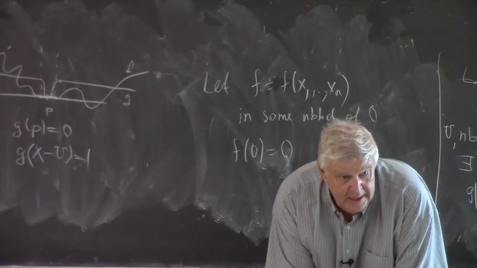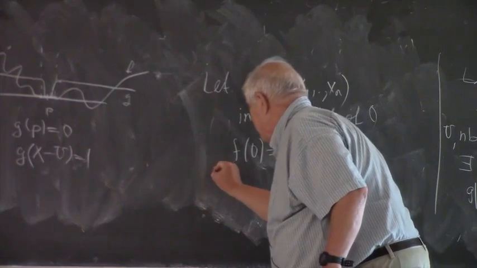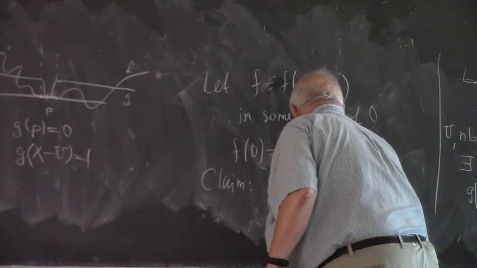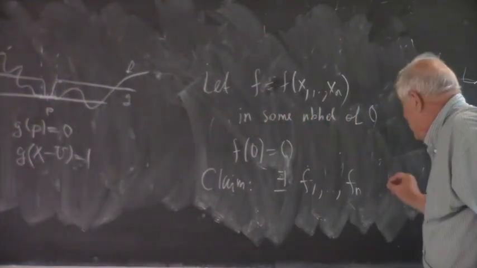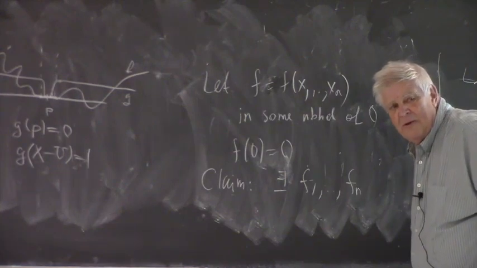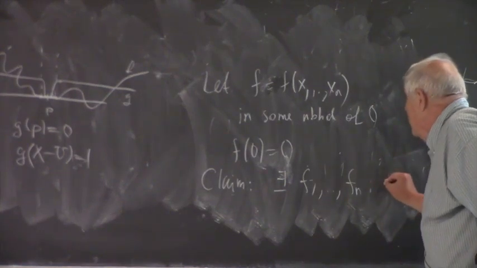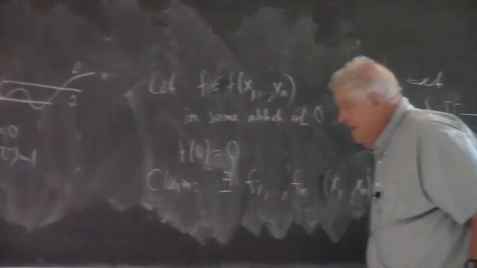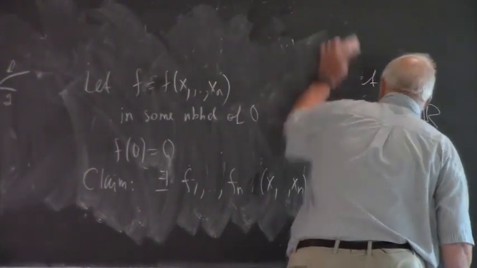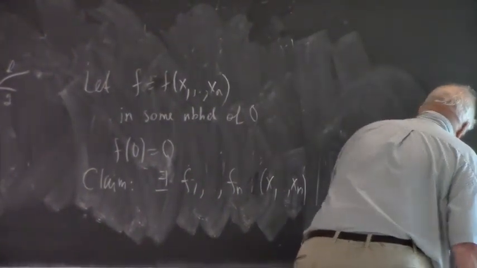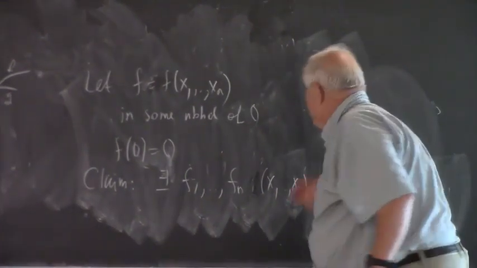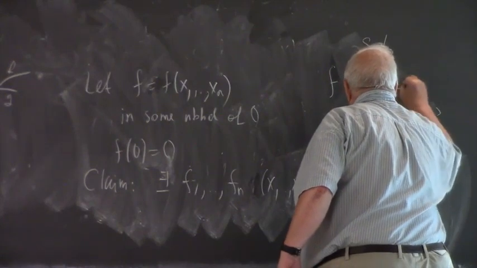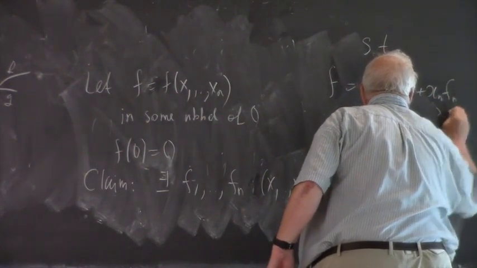Then I want to say, so claim: there exist functions f1, ..., fn, maybe in some smaller neighborhood of 0, I do not care about this, again of n variables, such that f is equal to x1 f1 plus ... plus xn fn.